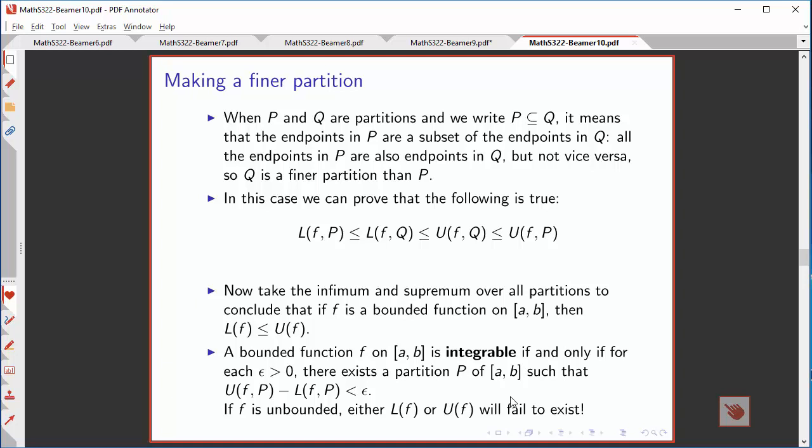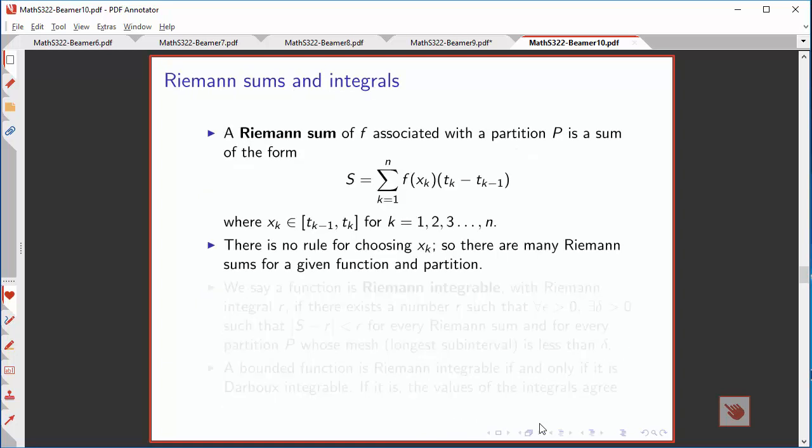What would happen if f is unbounded? Well, if it's unbounded above, the upper Darboux integral will no longer exist. If it's unbounded below, the lower Darboux integral will no longer exist. So this definition only works for bounded functions.